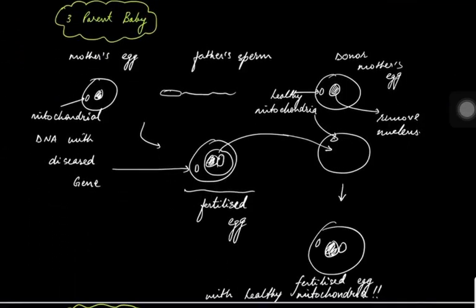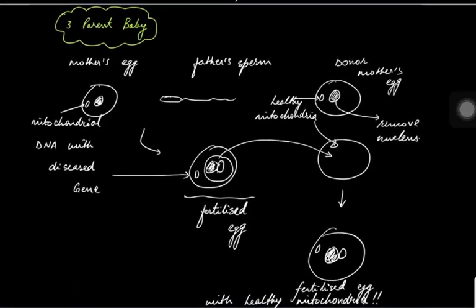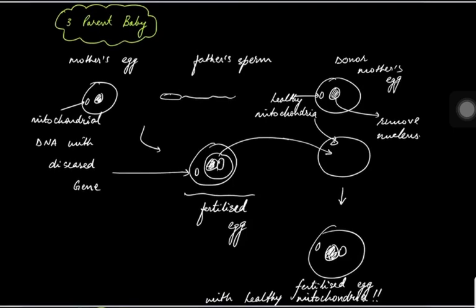All right. So the next concept we are going to discuss is nothing but a three-parent baby. A three-parent baby consists of the mother, the father, and a donor mother. All right, I'll tell you who these three people are. Now consider the scenario that the egg of the mother has 23 chromosomes in the nucleus.